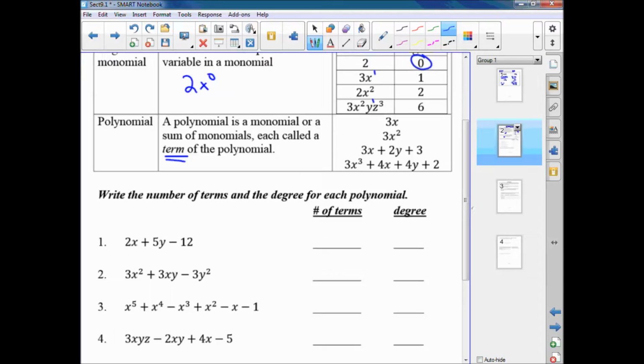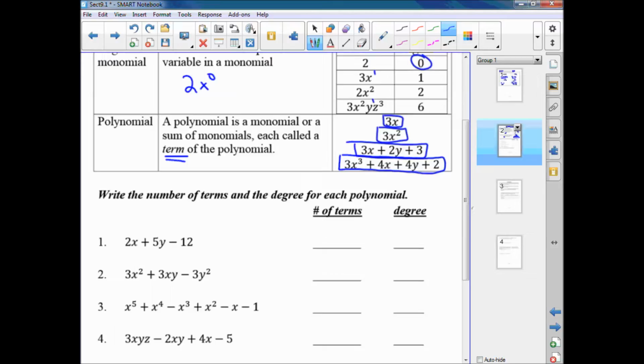So over here we have a monomial, or a one-term polynomial if you want to call it that. Same with this one. This one is definitely going to be a polynomial. Here we have a polynomial with 3 terms. And in the last one, we have a polynomial with 4 terms.